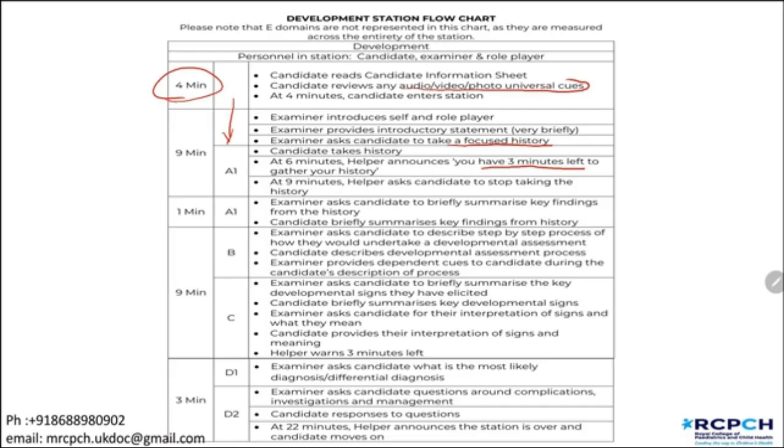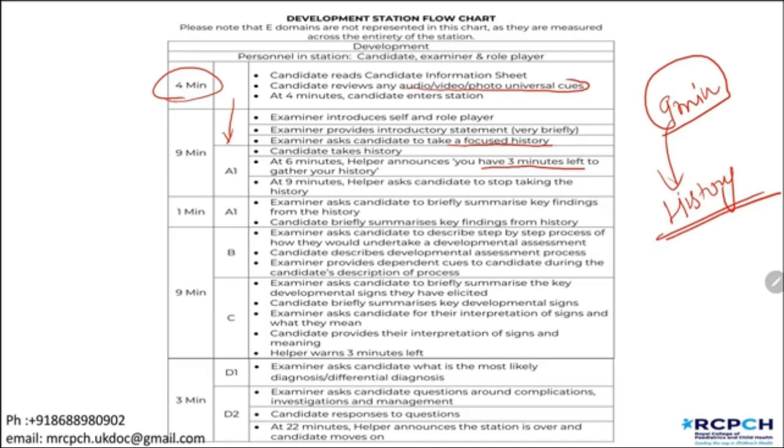So in total you have 9 minutes to take the developmental history from the role player. After 9 minutes, you need to summarize the history in 1 minute. You have to practice this very thoroughly, to summarize the entire history in 1 minute.